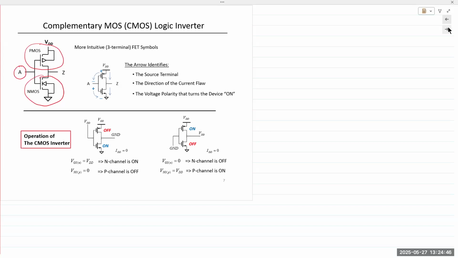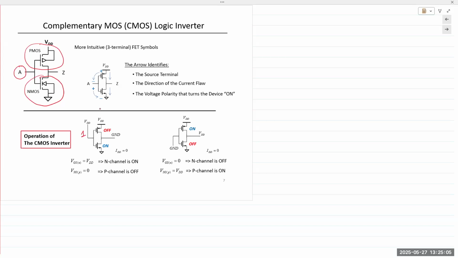All right. Okay, so operation. If you apply logic 1, or plus 5 volts, or VDD to the gates, then the N channel transistor is going to turn on because you're applying a positive voltage at the gate.